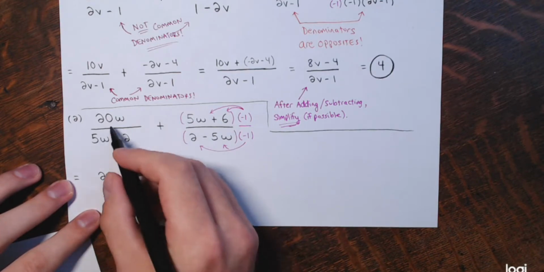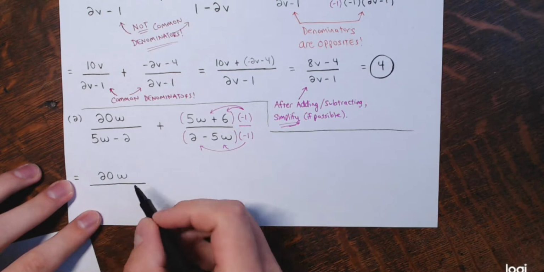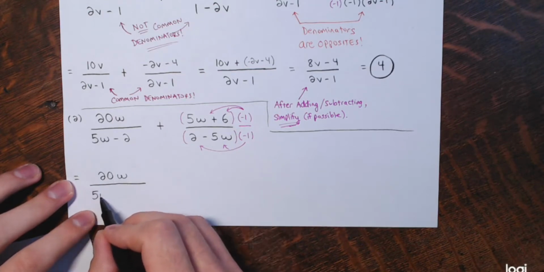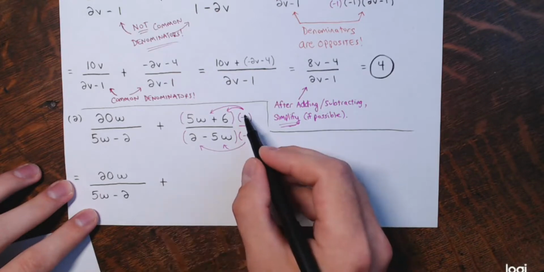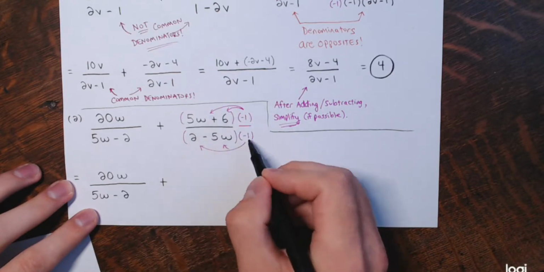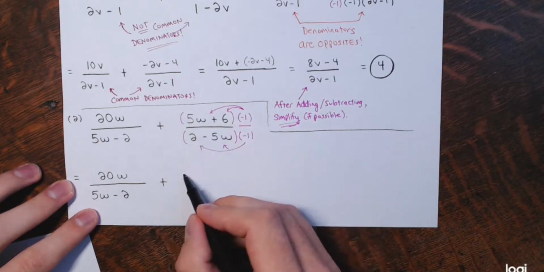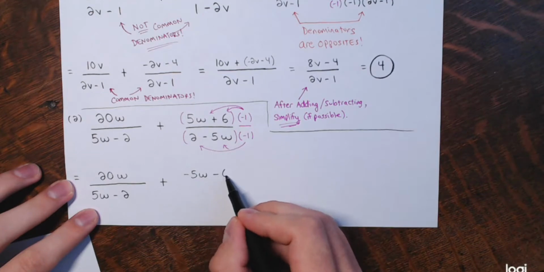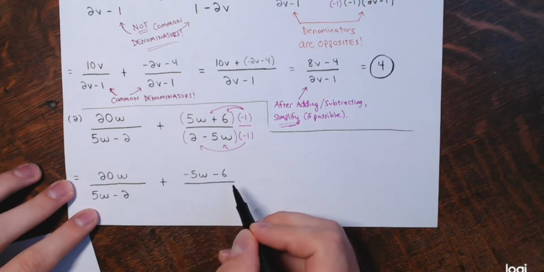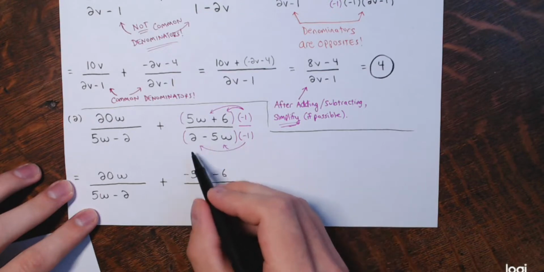So the first fraction I didn't touch, so it's still 20w divided by 5w minus 2, plus, then this fraction I multiplied the numerator and denominator by negative 1. The numerator will have terms of negative 5w minus 6, and then the denominator will have positive 5w minus 2.